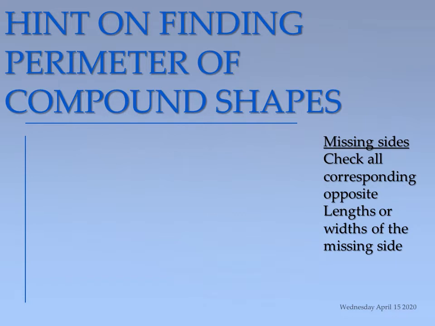So I said there, when you have a shape and you are told to find the missing side, what you must do is check all the corresponding opposite lengths or widths of the missing side. What does that mean? In every shape, in every rectangle, there is always an opposite side. And in every square, there is always an opposite side.